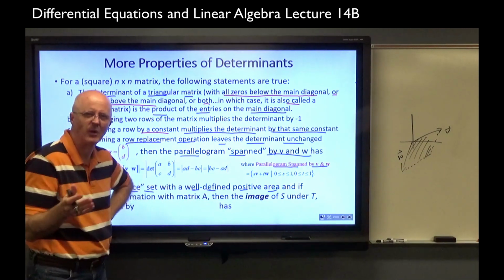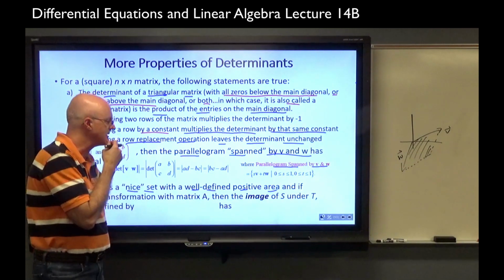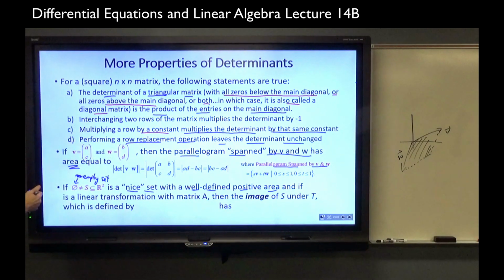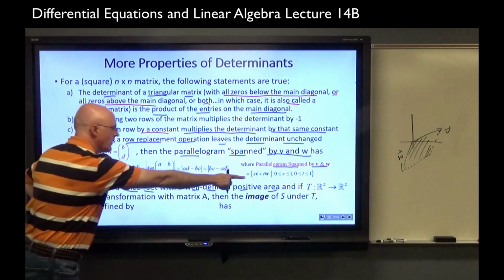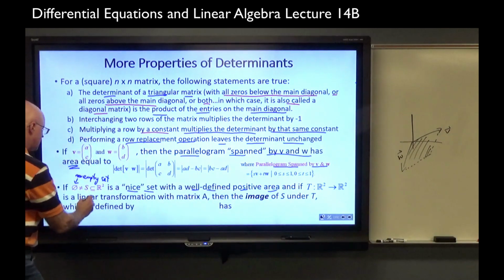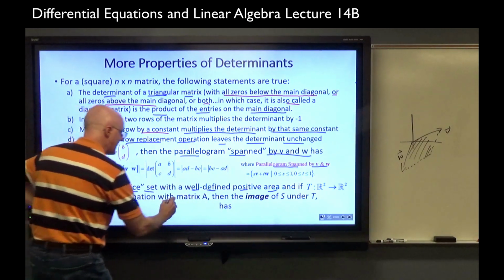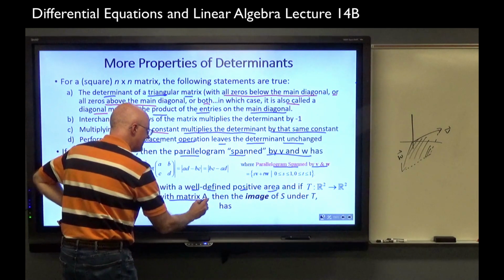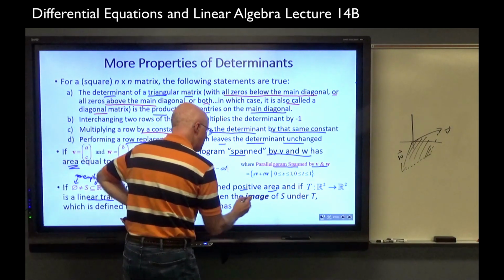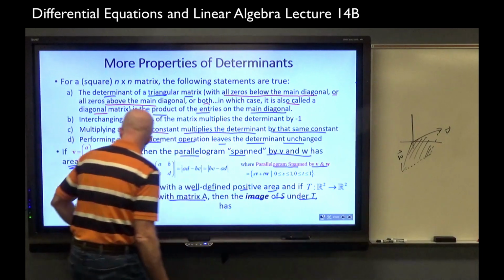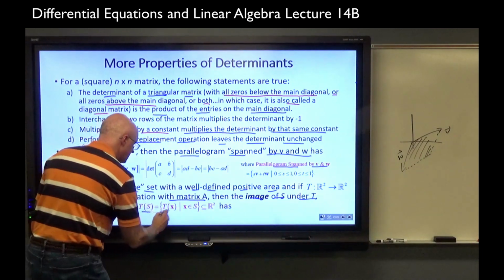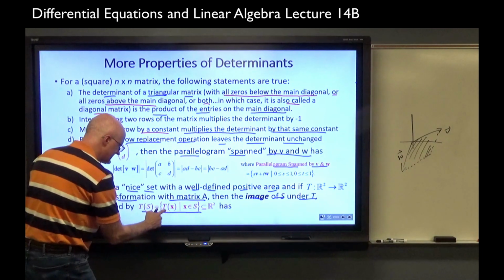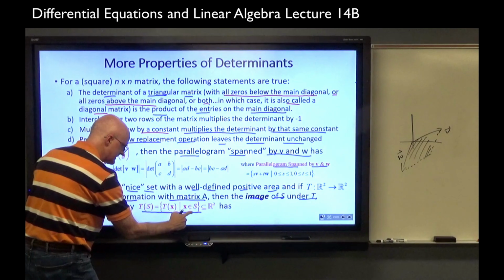It's related to integration. That you can define the area. And if T, from R2 to R2, right over there, is a linear transformation with matrix A, then the image of S under T, which is defined by this equation, is the set of all outputs of T as the input ranges over the set S.